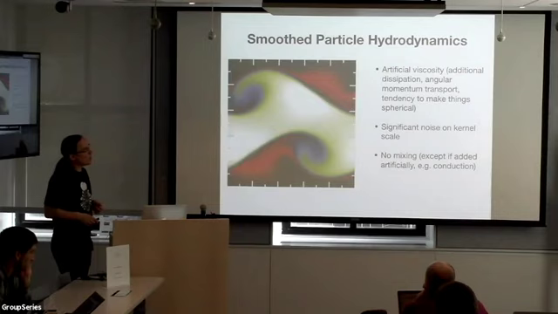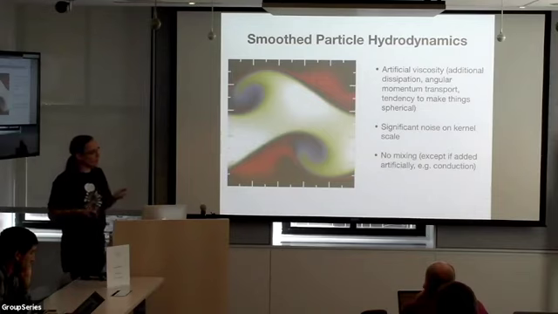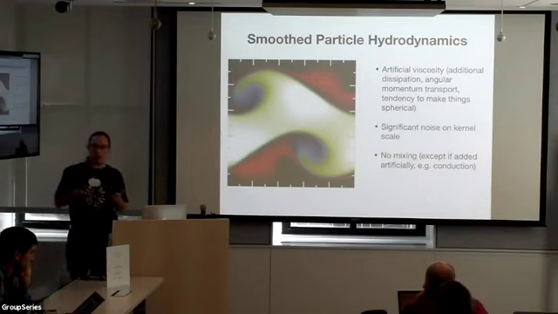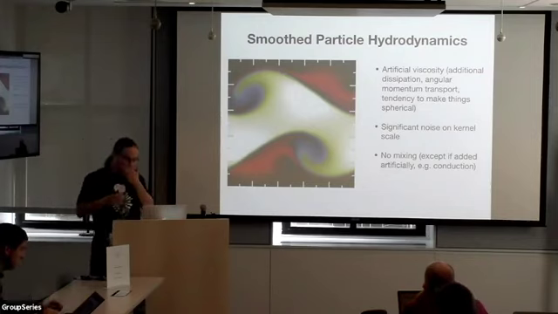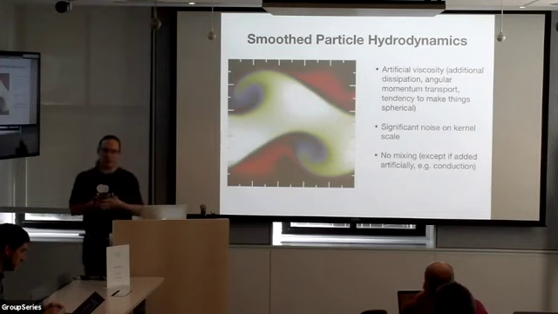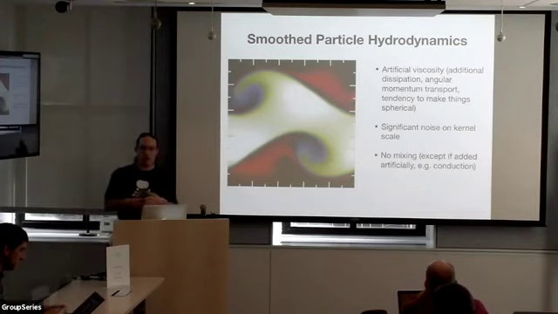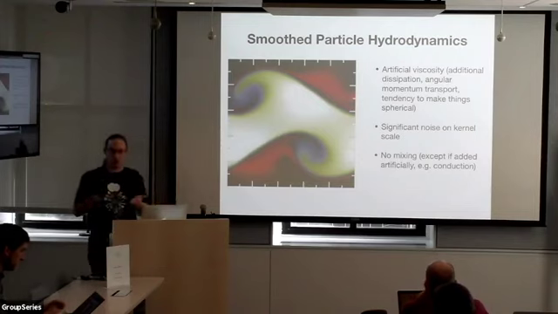Now there are also some significant downsides of this method, but in general it's very stable. One problem with the Lagrangian nature of the method is that the simple implementation does not have any way to increase the entropy in shocks.